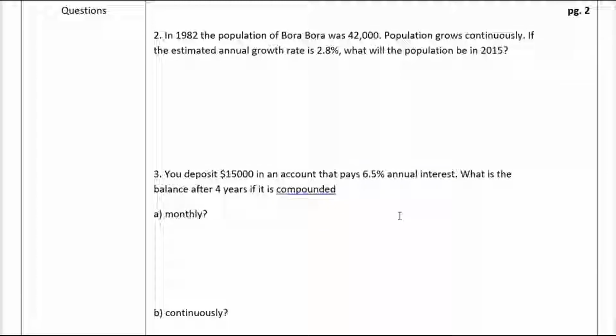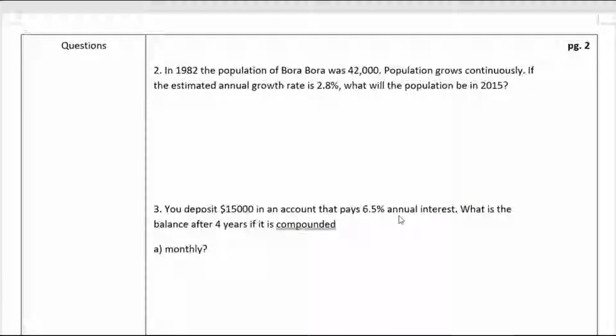So for this example, in 1982, the population of Bora Bora was 42,000 people. Population grows continuously. If the estimated annual growth rate is 2.8%, what will the population be in 2015?